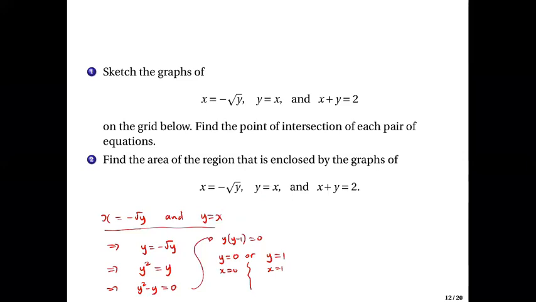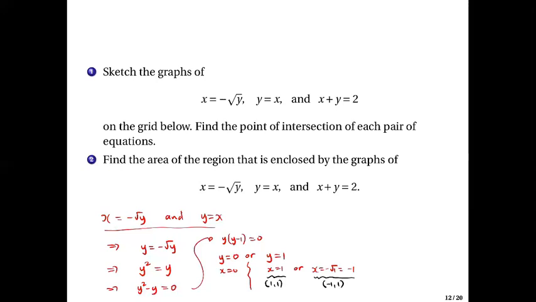And according to this equation here, it will give us x equals negative square root of 1, which is negative 1. So, which is which? If we consider this point here, you will have the point 1 comma 1. If you consider this point here, you will have the point negative 1 comma 1.